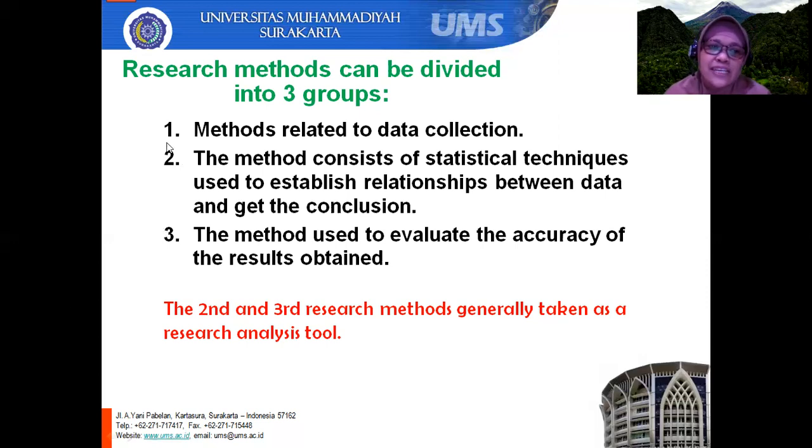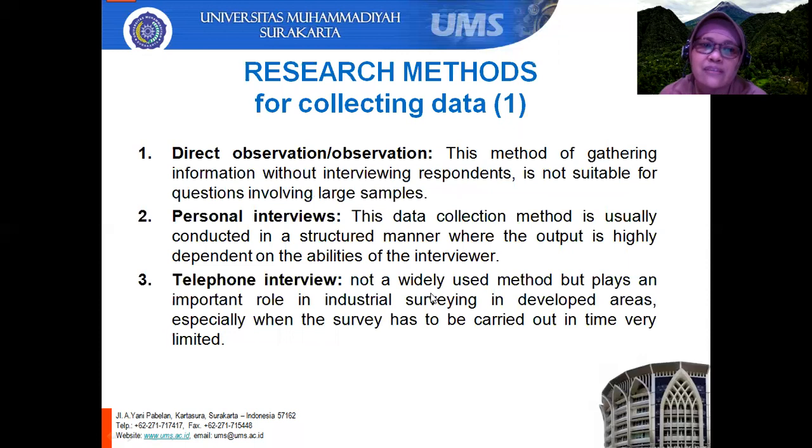So the second and third parts of research method are generally used for analysis in research. If we want to interpret the raw data, we need numbers two and three to make a good conclusion for our research, right?